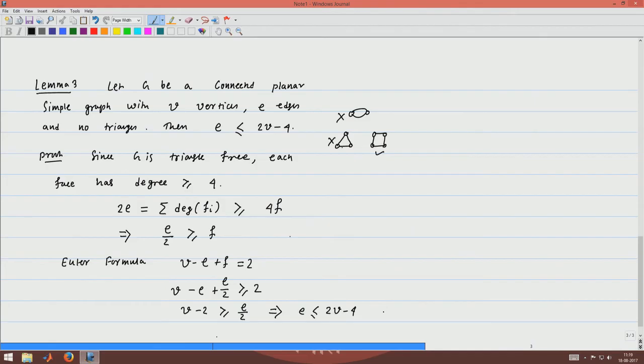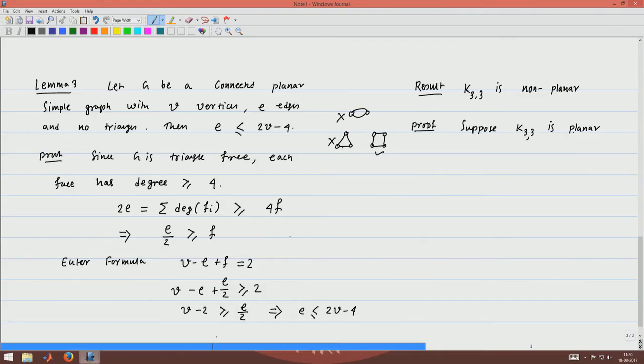Okay, now we can prove, using this lemma, that K33 is non-planar. So, we will prove this. Suppose K33 is planar.